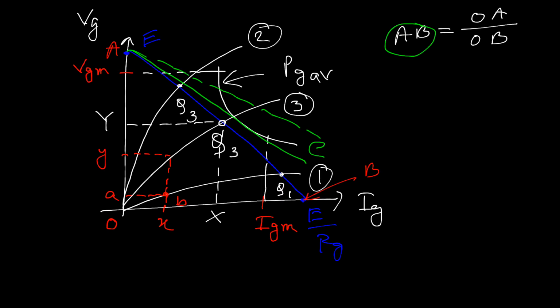That is why the maximum allowable gate resistance is defined by the slope AC, which is just tangential to the average power characteristics. So this is all about the gate characteristics of a thyristor.